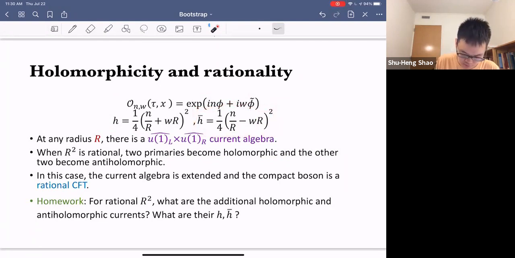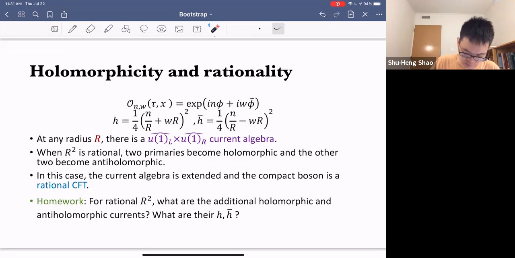In that case, we have more current. By current, I mean an operator with vanishing H bar or vanishing H. In that case, the current algebra is not just the U1 cross U1, but it's extended by these additional holomorphic operators. And in fact, one can show that the compact boson in that case is a rational CFT with respect to the extended chiral algebra.